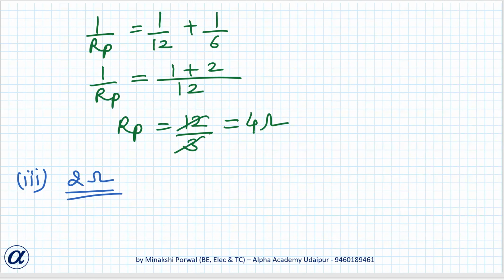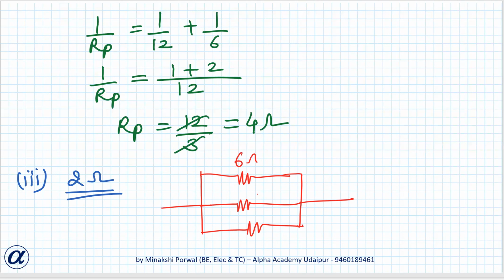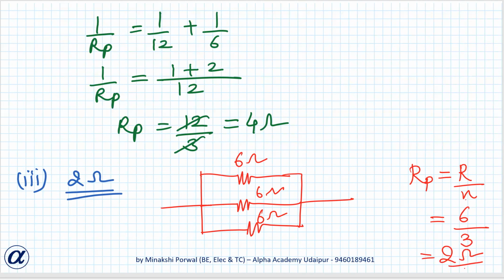Right, good. All three 6 ohm resistances will be connected in parallel. If all three have the same value, we can use the formula Rp equals R upon n. The value of R is 6 and there are 3 resistances, so it will be 2 ohm.